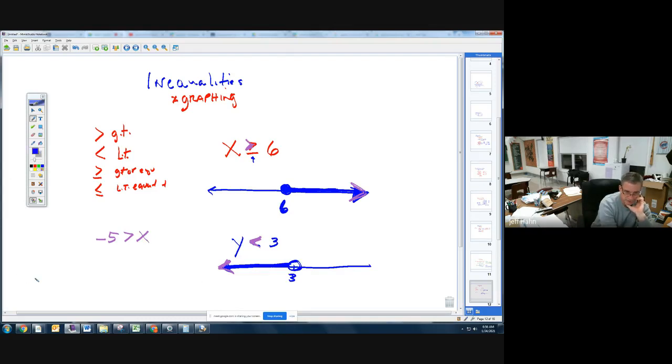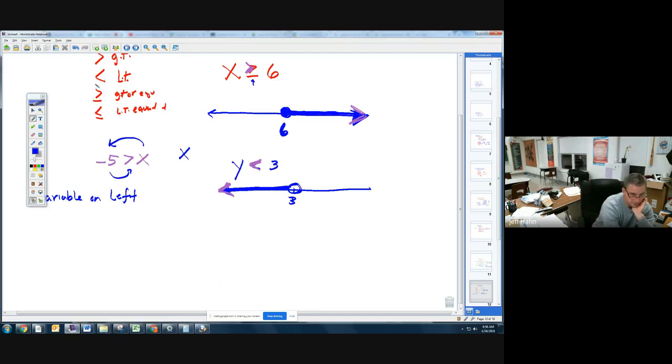With inequalities, you want the variable to be on the left. So if that's the case, I need to flip-flop these two things. I put my x on the left and my -5 on the right, but here's the deal.